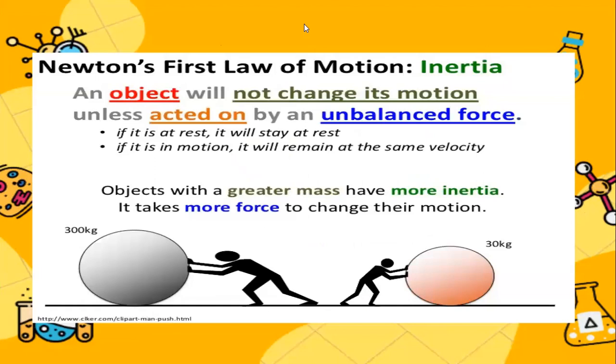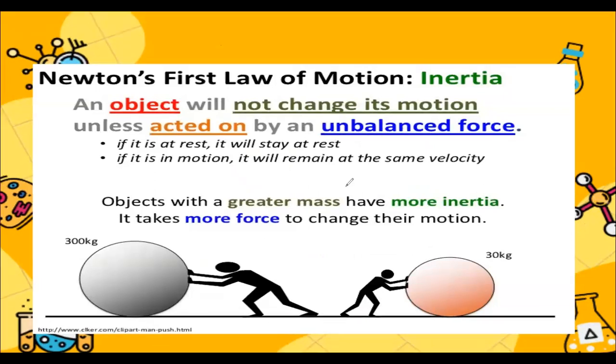So, the first law, sabi nga natin kanina, is called the law of inertia, wherein, again, objects in motion will remain in constant motion and objects at rest will remain at rest unless there is an unbalanced force. So, look at this illustration below our slide.